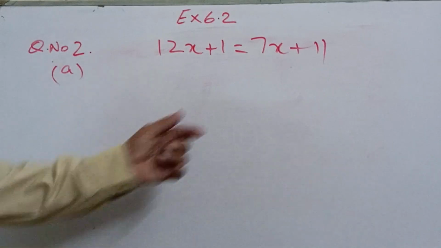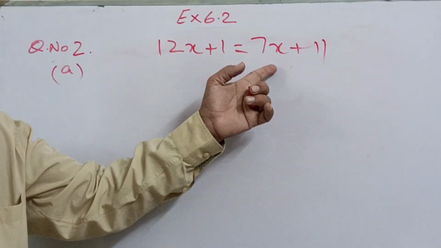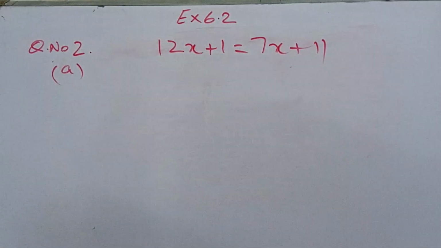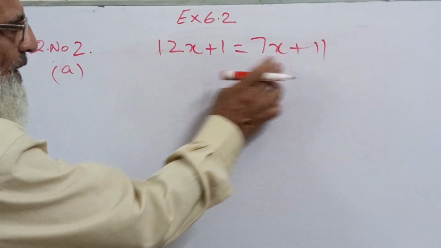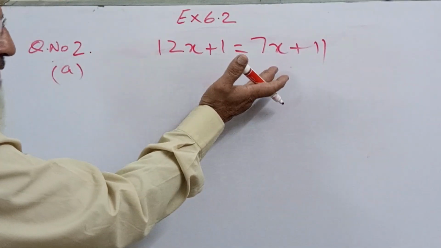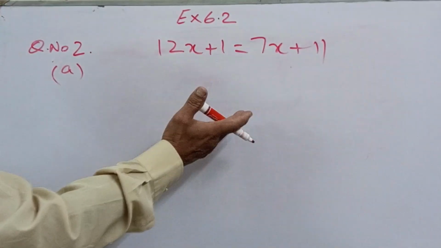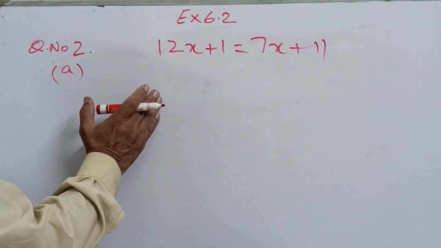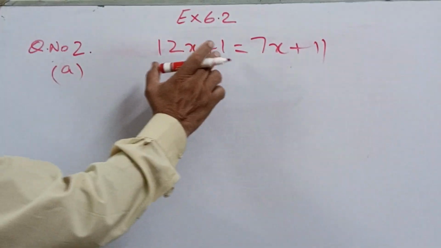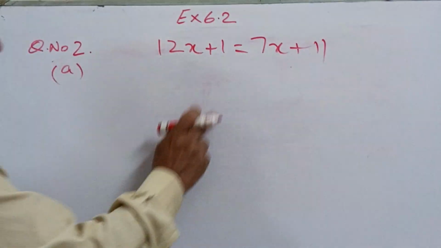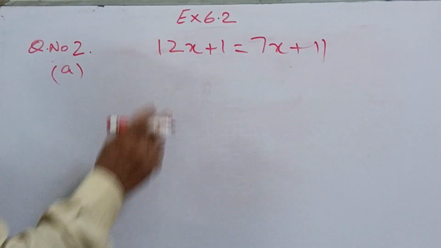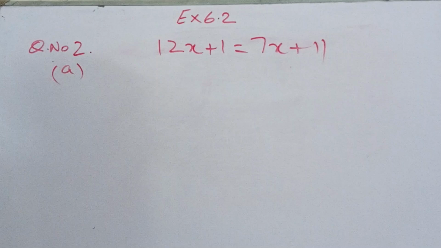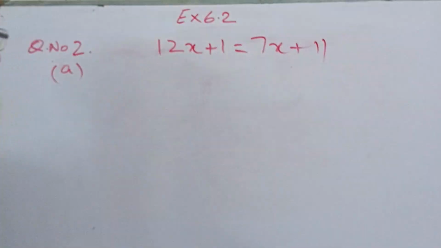Now you see that one variable and second variable are in the same category, but there are two variables. Now what will we do? We will eliminate this x from here and bring this x to the left hand side, and similarly we will eliminate this 1 from here and bring this to the right hand side of the equation.